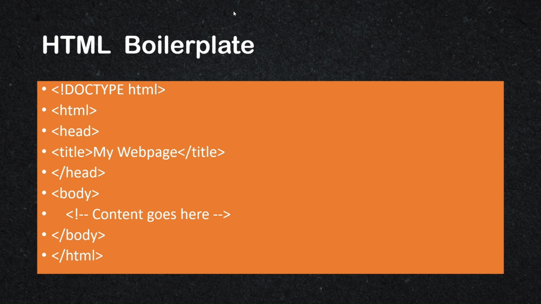If you want to connect a CSS file to the HTML, we connect it in the head tag. It also has the title, data which is not displayed directly on the web page. When it comes to body, this tag holds all the content that you want to display on the web page, such as text, images, videos, or more. It is like the main area where the actual visible content of the web page resides.